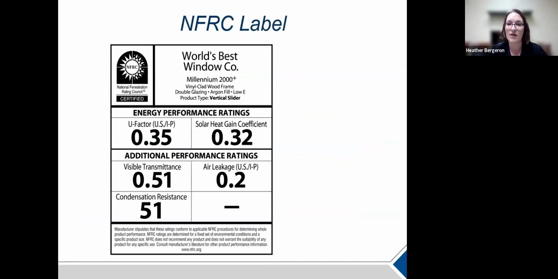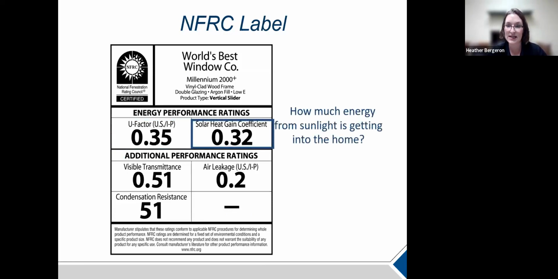Here's an example of what an NFRC label typically provides on every single unit coming from a manufacturer. Most importantly, this is knowing what the U factor is, knowing how well the product is actually insulated. Your solar heat gain coefficient is how much energy from sunlight is getting into the home.